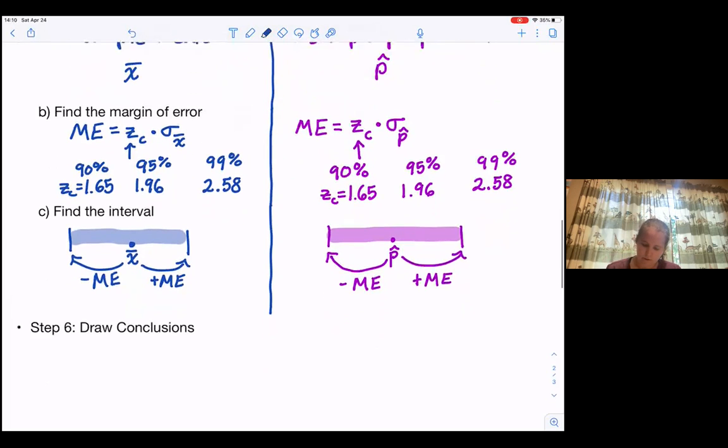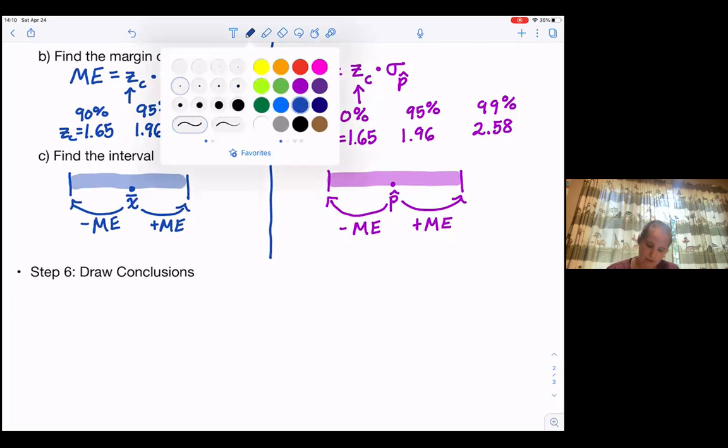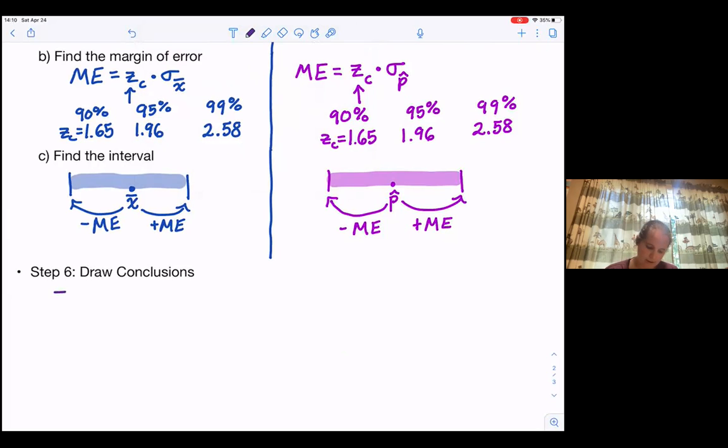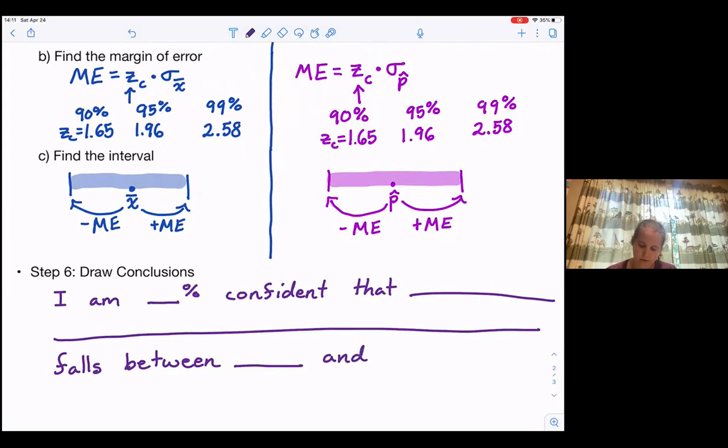From here, we draw our conclusions. In both cases, we have our generic statement: I am blank % confident that blank falls between blank and blank. So this first one is your whatever confidence level.